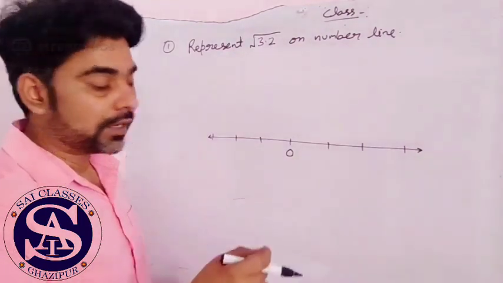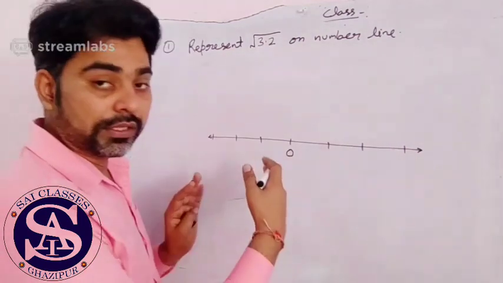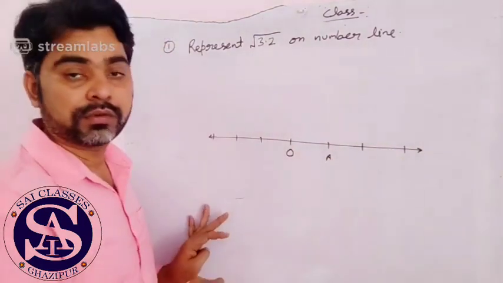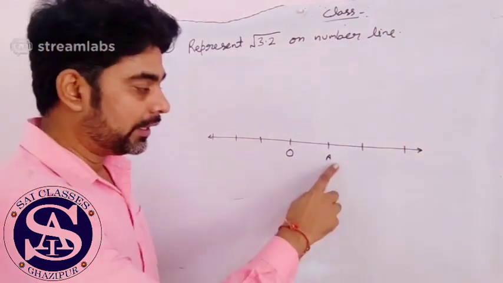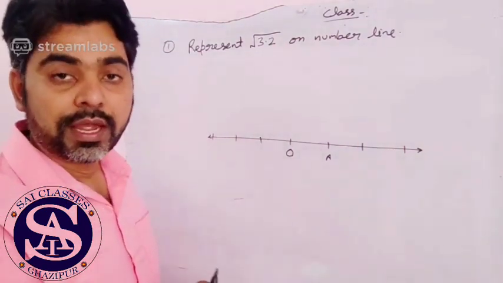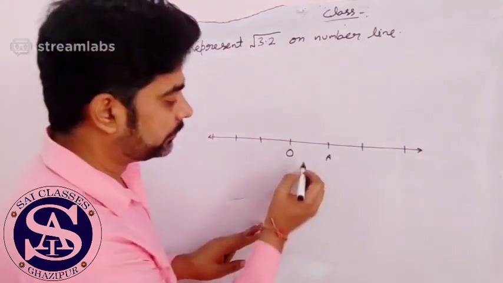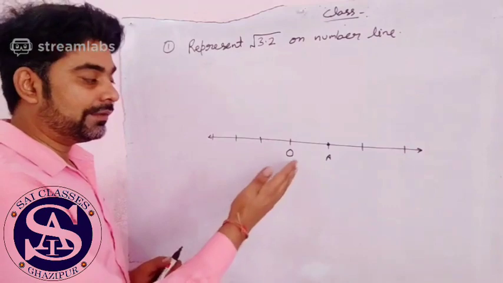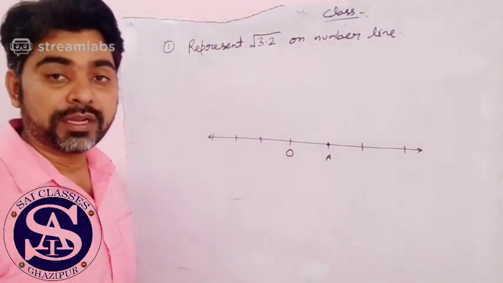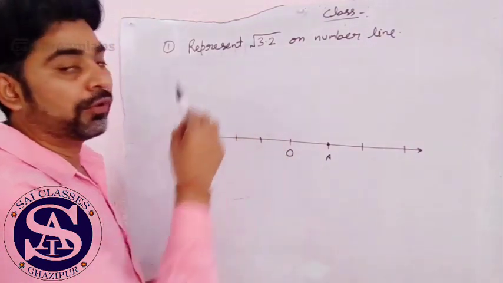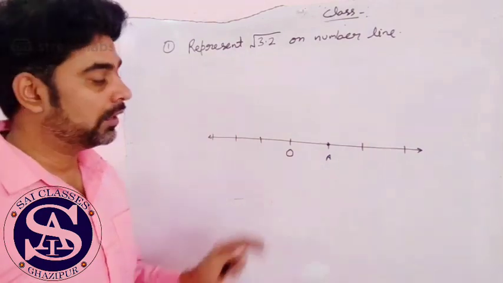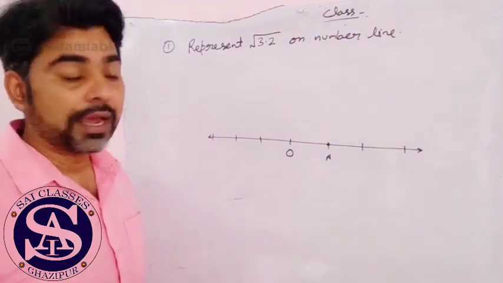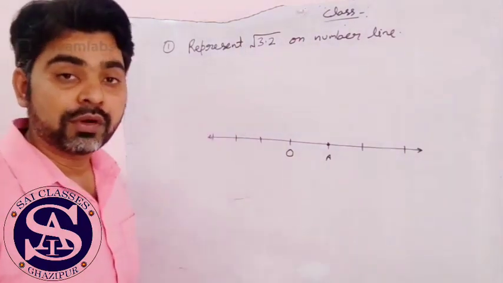Now, take a point A on the right of the origin at a distance of 1 unit. So this is your point A. Now, on the left of the origin, take a point B at a distance of 3.2 on the number line.